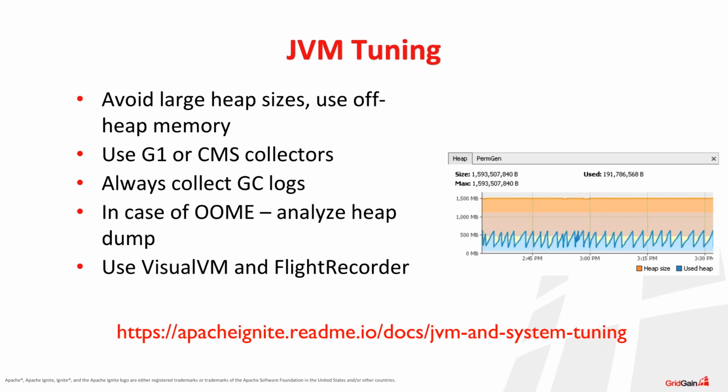There is another useful option that the JVM provides. It can create a heap dump automatically in case an out-of-memory error happens in the application. And I would encourage you to enable this as well. And finally, there are multiple tools available for monitoring the JVM, like VisualVM and Flight Recorder.